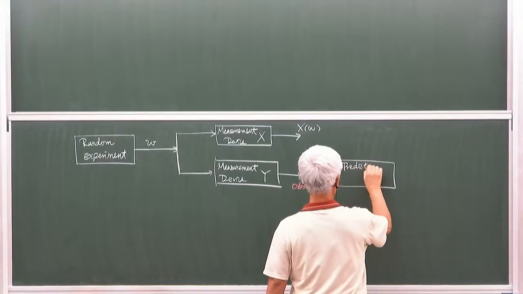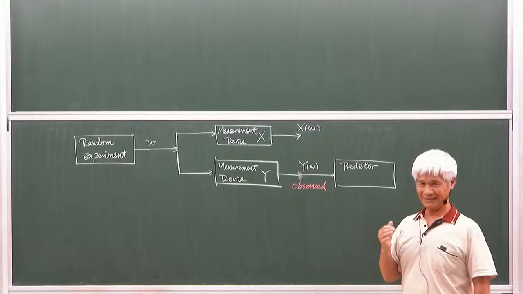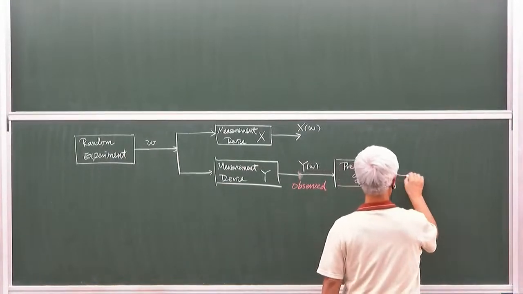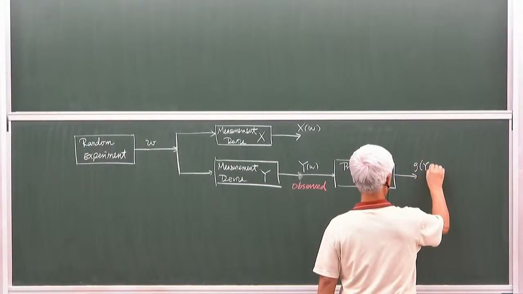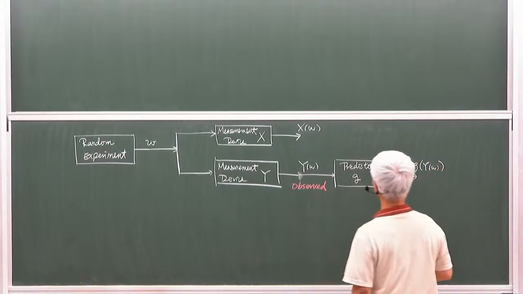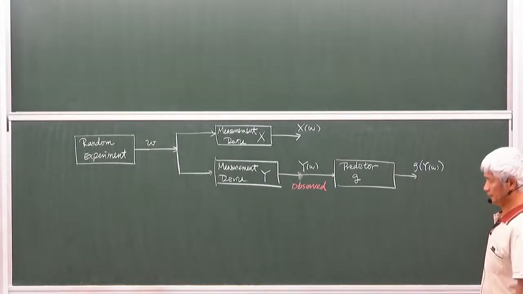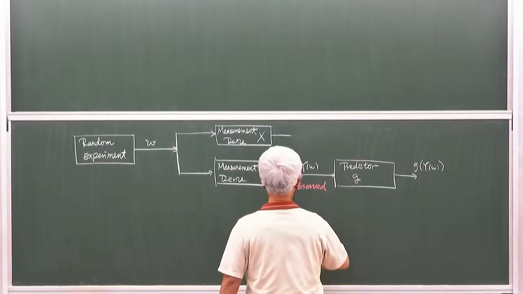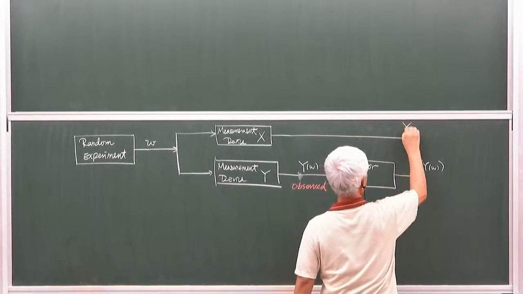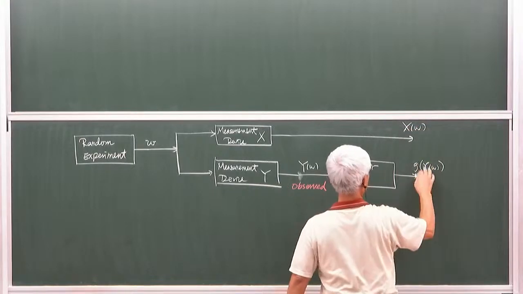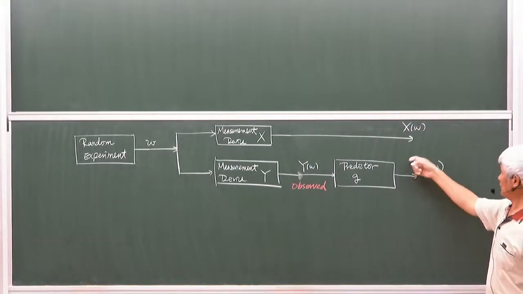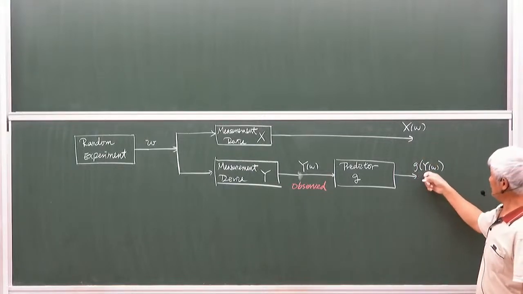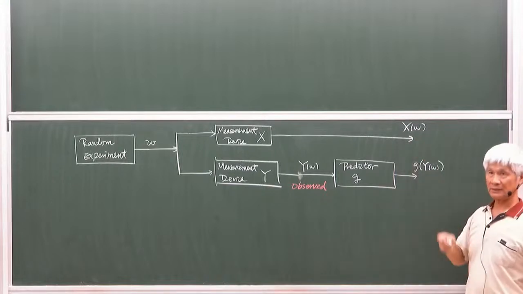A predictor is actually a data processing function, G, so that the output would be G of Y. We want to use this to predict X, which means that we want the value to be as close to X as possible.